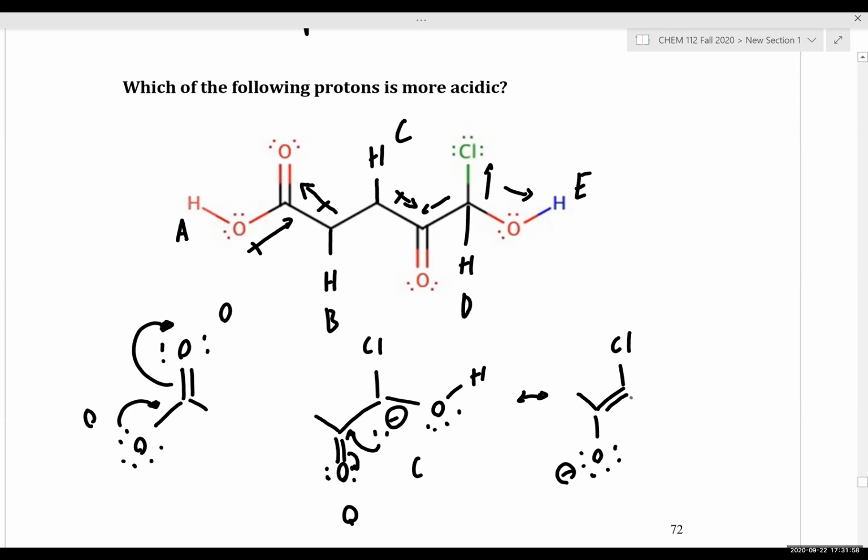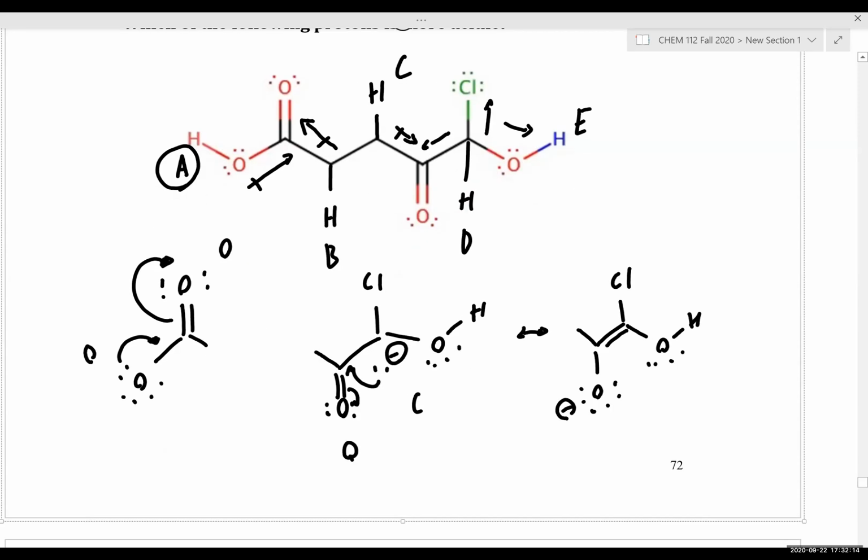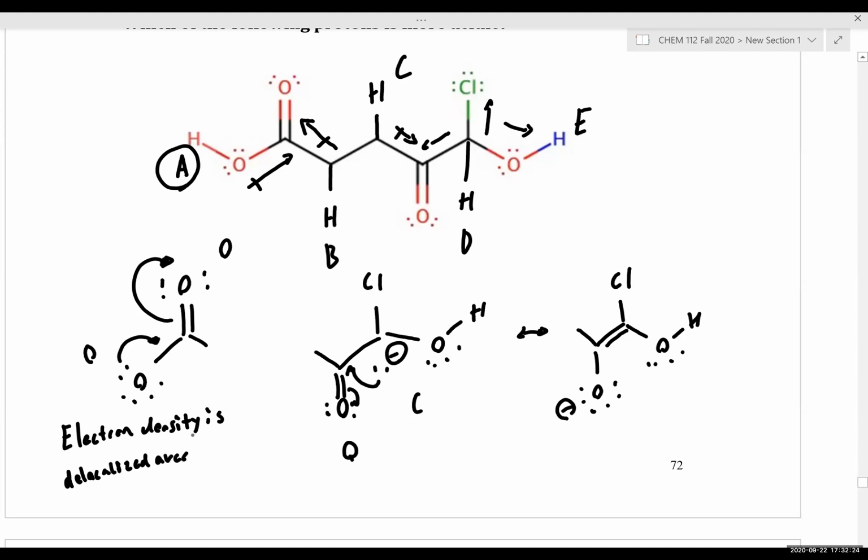So if we think about resonance effects from the context of atom effects, we would expect proton A to have greater amounts of resonance stabilization of our anion because, and this is the part that's really important, our electron density is delocalized over electronegative atoms.